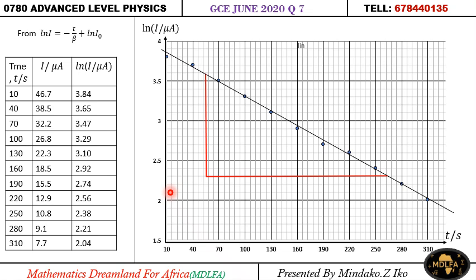Okay, 0.3 then plus 2, I'm going to have 2.3. Why am I adding plus 2? Because I want to move from here right up to here. So I have 0.3 then plus 2, so I have 2.3. Means at the end of the day, this my point here is actually 262 comma 2.3.